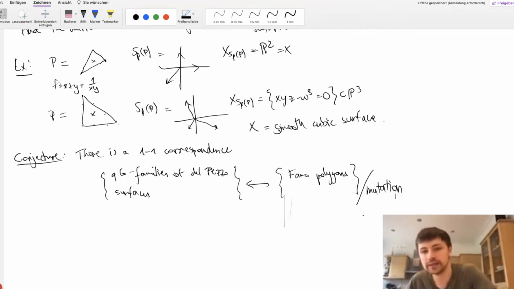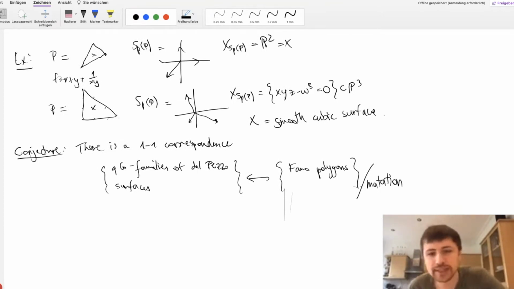And I will define that in a second. And then there's also a slight technical point, namely, if a Del Pezzo surface arises from this construction, then by construction it admits a toric degeneration, because we started from a toric variety and then deformed to get X. But it just turns out that not every Del Pezzo surface admits a toric degeneration.